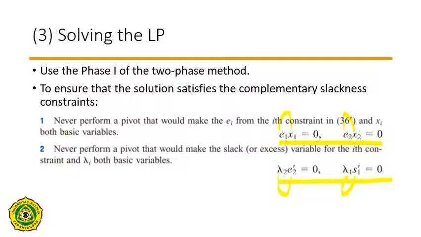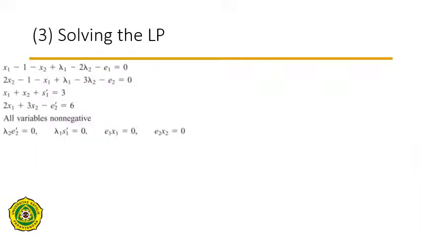So when we perform the pivot, that is, when we determine who becomes the entering variable, we need to be careful to make sure that these two things are satisfied. So that is our formulation based on the K-T conditions and the original constraints.